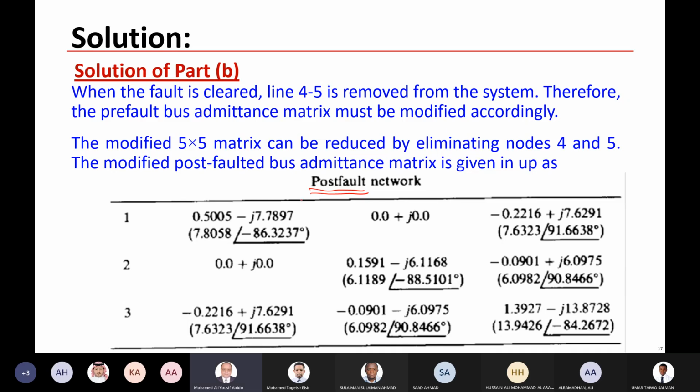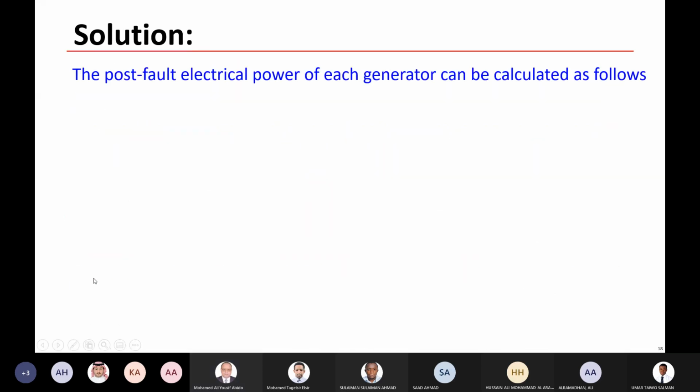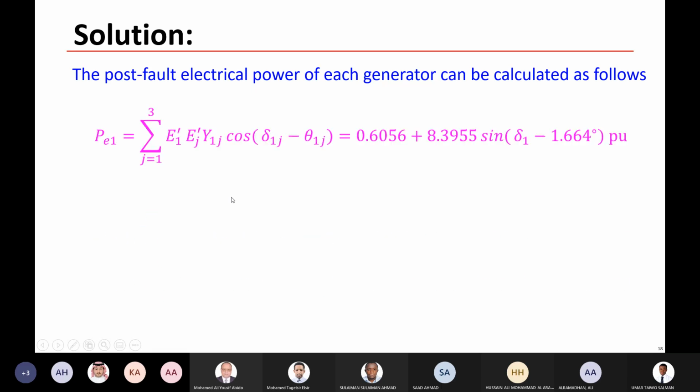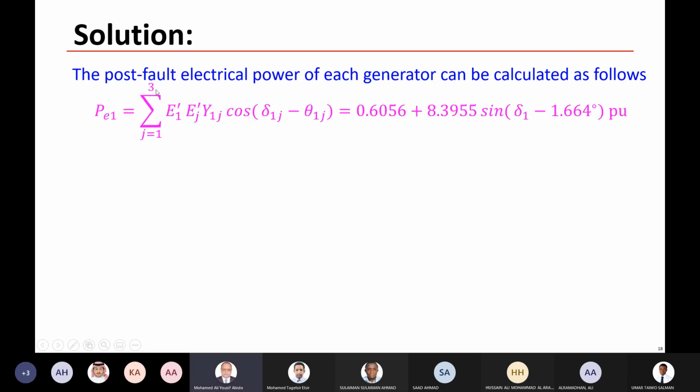Of course, you can calculate from this Y11, Y12, Y13, you can calculate BE1 and BE2, similar to what we have done earlier. BE1 is the summation J from 1 to 3 of this value.